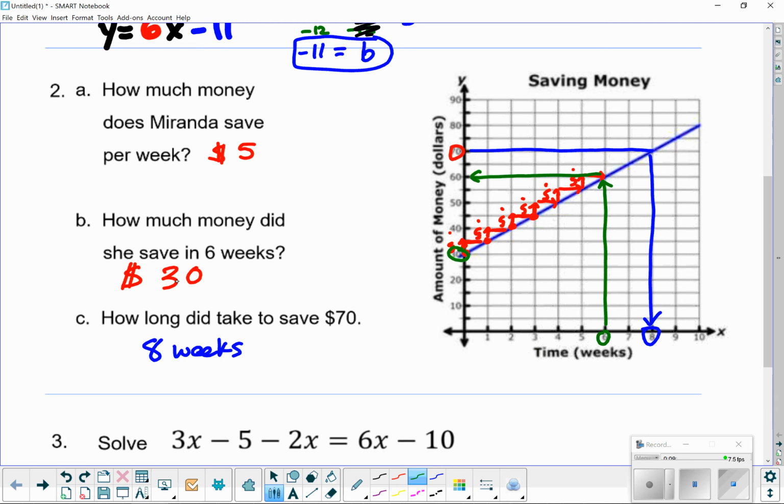So if you look at the green, it actually shows 60. You can also say that she saves 30 additional dollars in that 6 weeks, but she started with 30. So how much did she save? She saved $60 actually. That's the right answer.